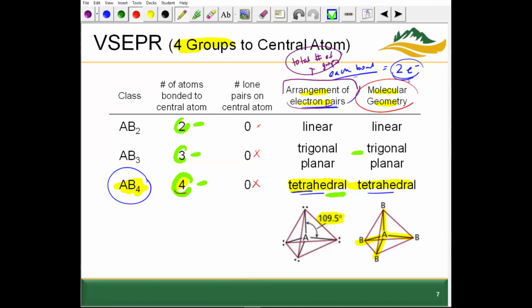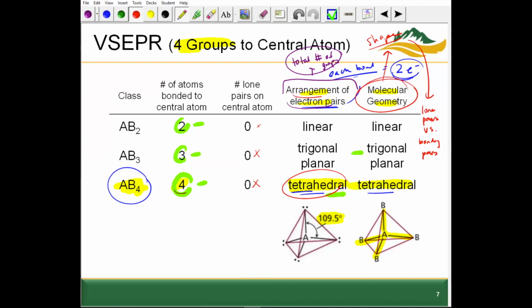For the molecular geometry, or for the shape, is when we start to differentiate lone pairs from bonding pairs. So total number of groups, the arrangement of electron pairs, that is considered tetrahedral for our current practice problem.